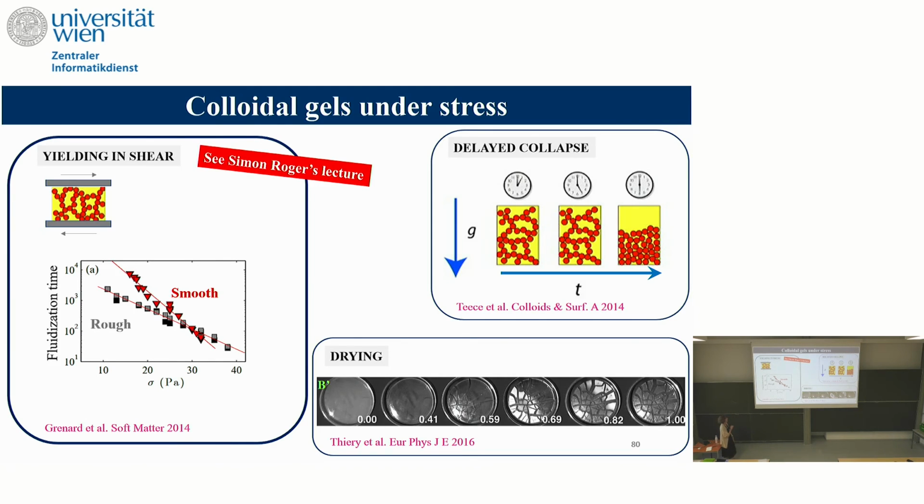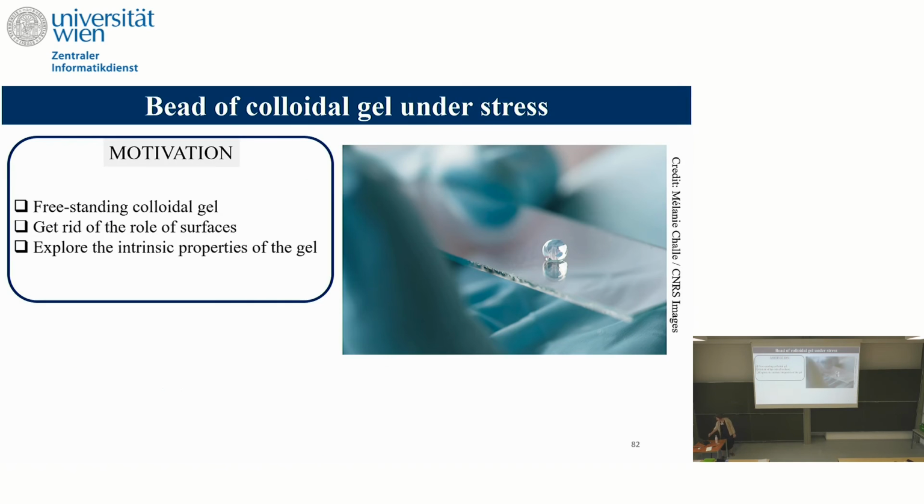And even in shear experiments, depending on whether your plates are smooth or rough, the rheological quantity will depend on the way your gel adheres to the surface. And it's complicated to control very precisely. So our strategy was to say, okay, we want to remove all the interfaces, it's easier. So let's look at what we have when we put a bead of gel under stress.